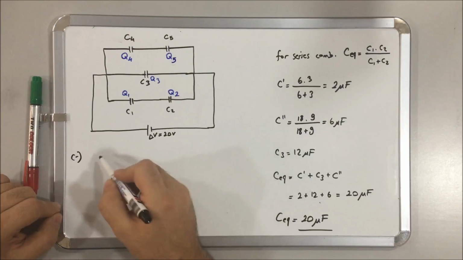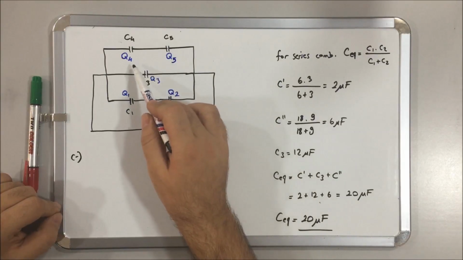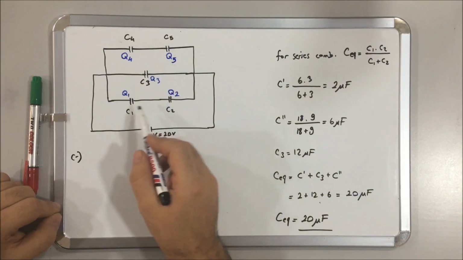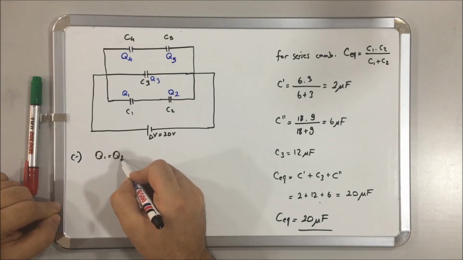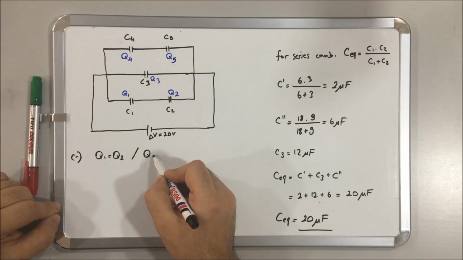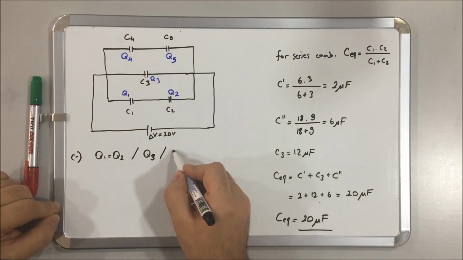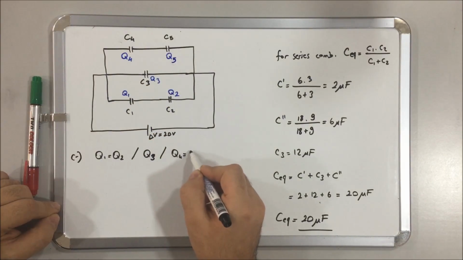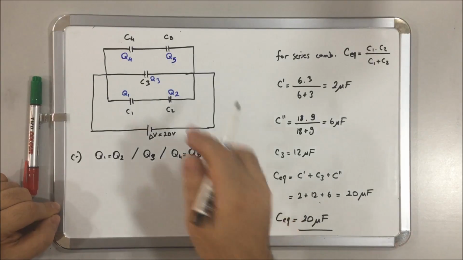Choice C asks what's Q1, what's Q2, what's Q3, what's Q4, what's Q5. I know Q1 and Q2 are in series to each other, so they are equal to each other. And Q3 I have to calculate. Q4 and Q5 are in series to each other, so their charges must be equal to each other.